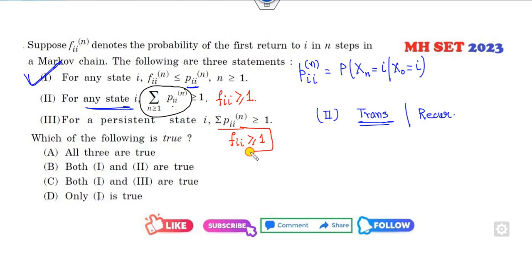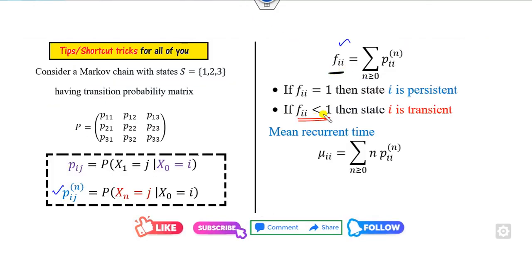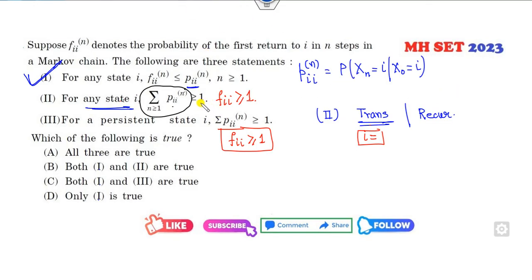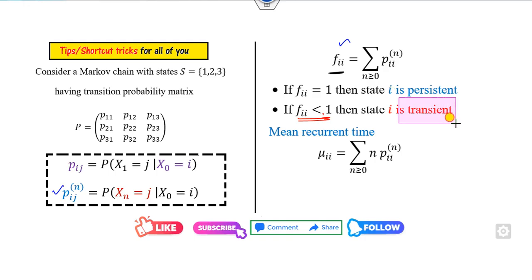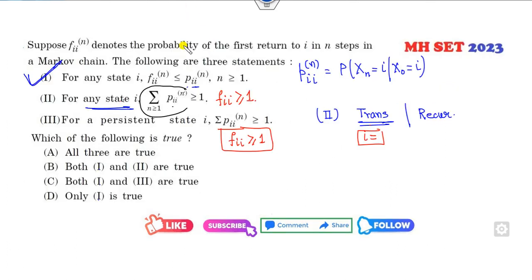So the second option is cancelled, and so is the option saying all are correct.